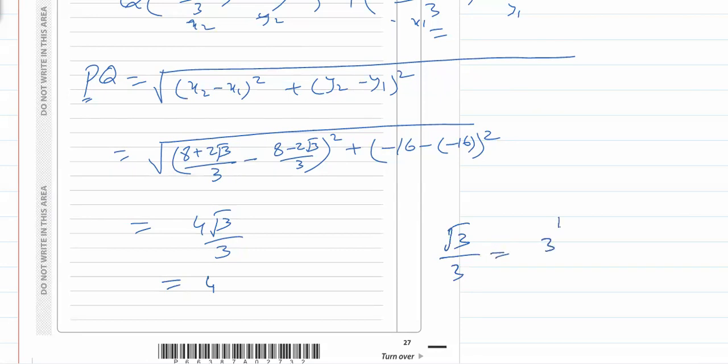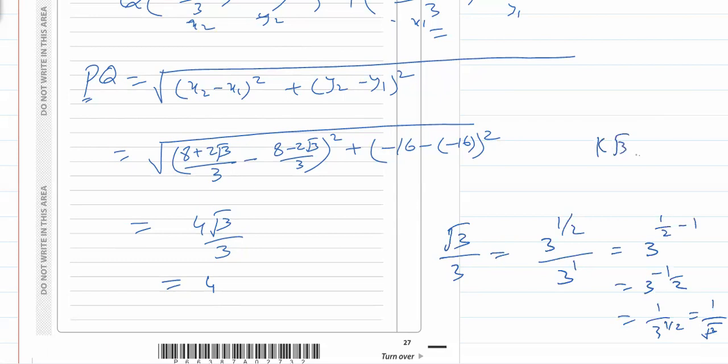I can write it in this way, 3 power 1 over 2 over 3. It will be like 3 power 1 over 2 minus 1. Or let it be in this form, because if I take it in this form, it will actually become 3 power minus 1 over 2, which will become 1 over 3 power 1 over 2, which will be 1 over square root of 3. But we don't have to write in that form. The answer should be in the form k square root of 3. So you can write it as 4 over 3 into square root of 3. So it means your value of k is 4 over 3. That is the value of k we have to find here.